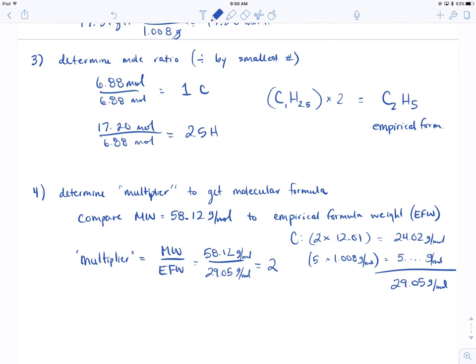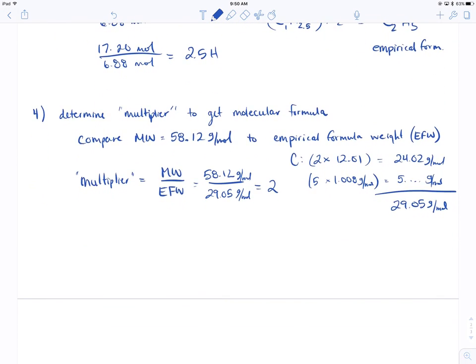So that means that my multiplier is 2. I'm going to take my empirical formula, C2H5, and multiply it by 2, giving me C4H10 as my molecular formula. Of course, if your empirical formula weight is the same as your molecular weight, then you know your empirical formula and your molecular formula are the same.